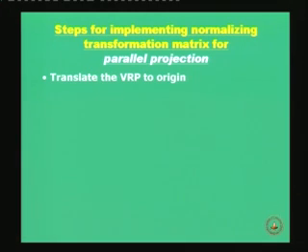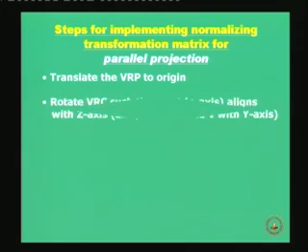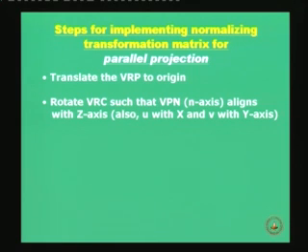So, you need to have a translation matrix first, and then you have a rotation matrix which helps you to rotate the view reference coordinates such that the n axis, the VPN or view plane normal axis, aligns with the z axis of the world coordinate system, and in turn also the u with the x and the v with the y. So, u aligns with x, v with y, and the VPN aligns with the z.